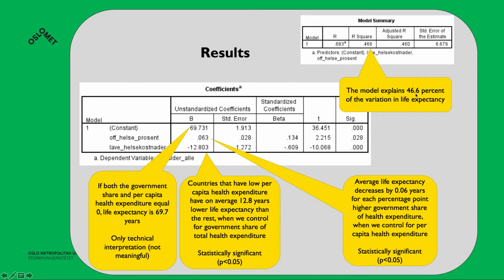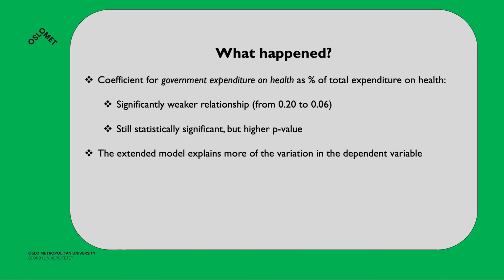And the model explains 46.6% of the variation in life expectancy, so it explains a lot of the variation. And what happened? Well, the coefficient for government expenditures on health as a percentage of total expenditures on health is significantly weaker, because if we had not included per capita health expenditures, the coefficient would be 0.2.